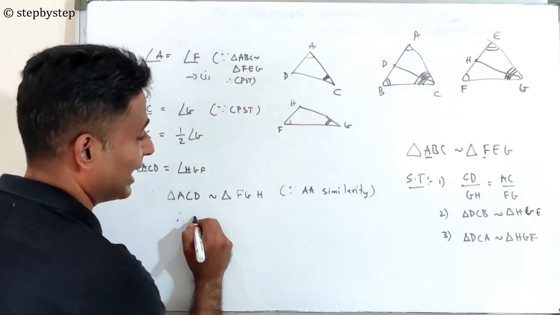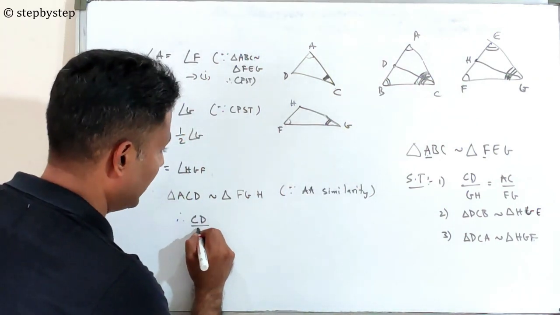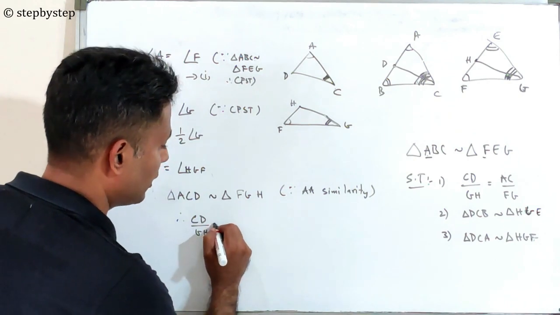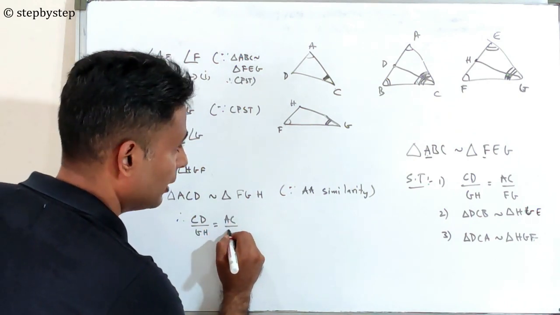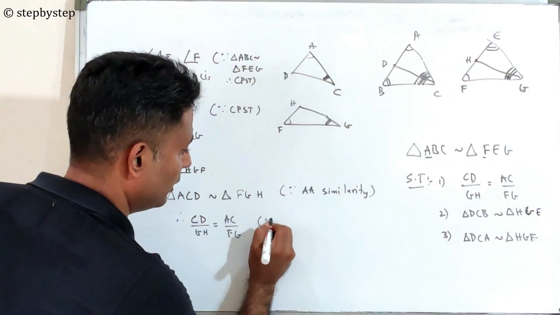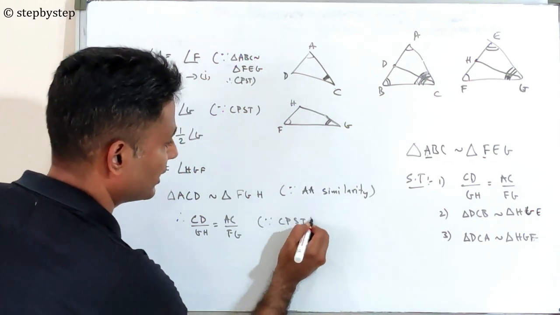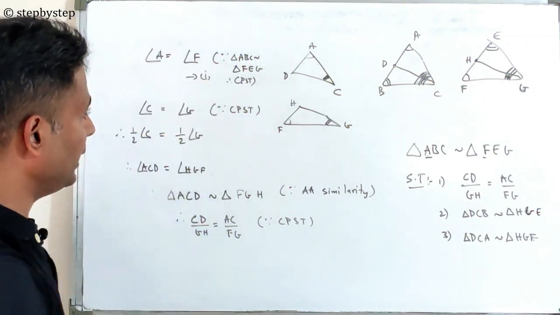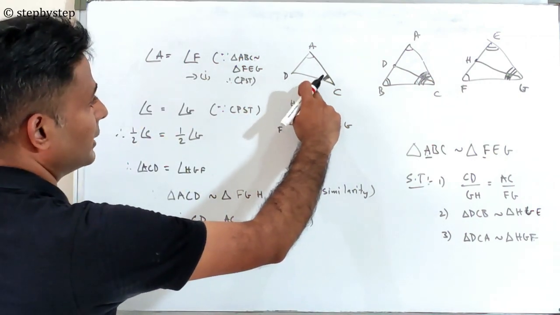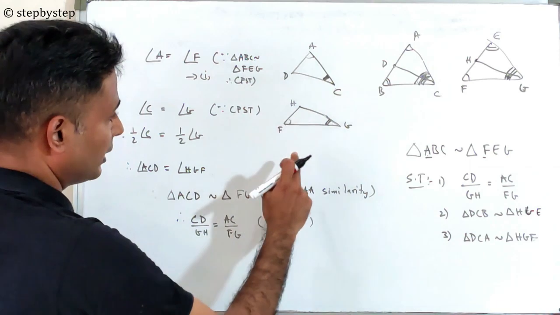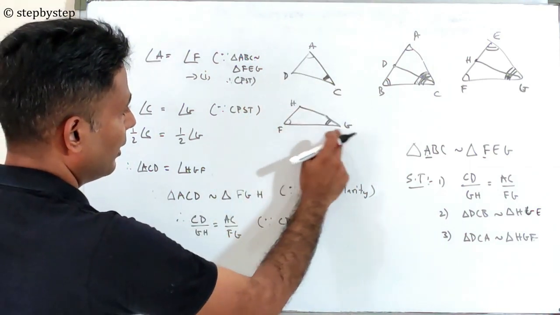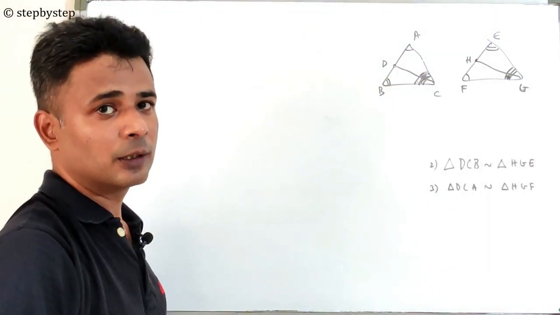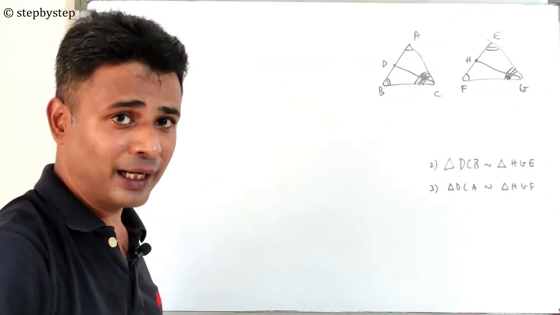So therefore we can say CD by GH equal to AC by FG, because of CPST, corresponding parts of similar triangles. So CD by GH equal to AC by FG. Proved.